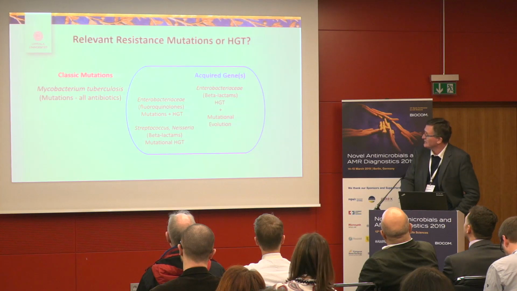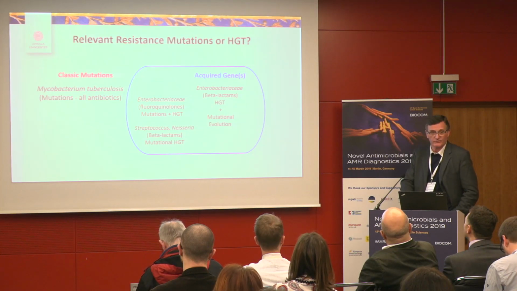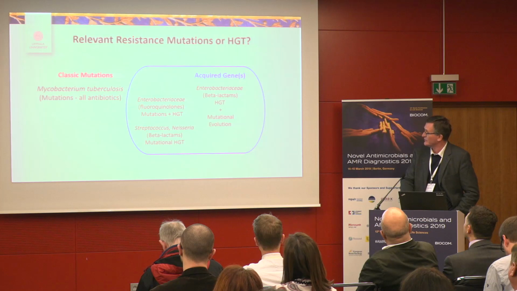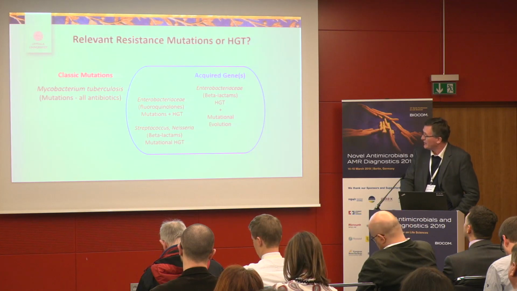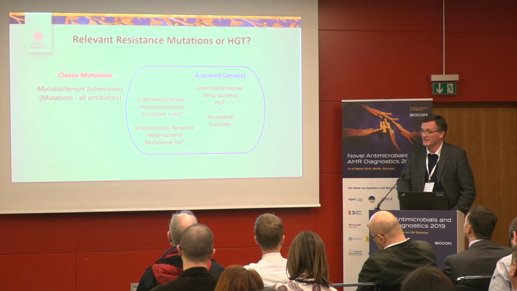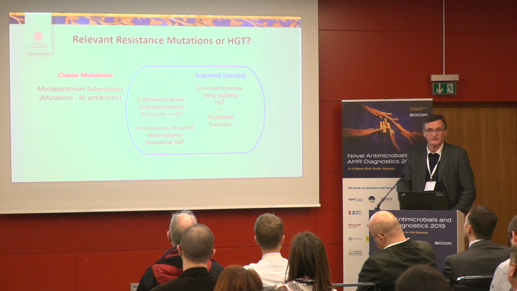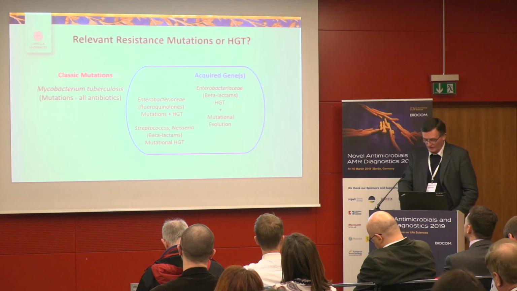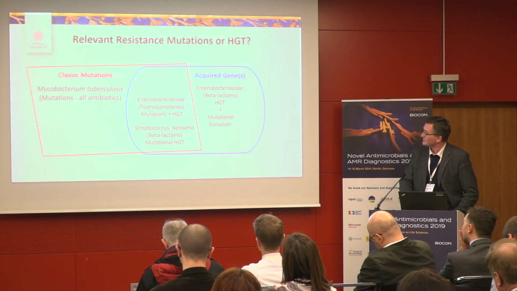For the quinolones, you have horizontal transfer also affecting it, but also mutations. And for bugs like Streptococci and Neisseria, when it comes to beta-lactams, it's horizontal transfer, but in a mutational sense. It's not acquiring plasmids.